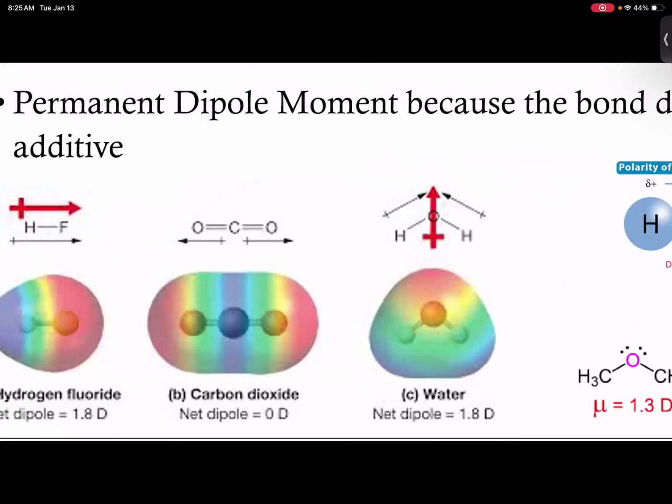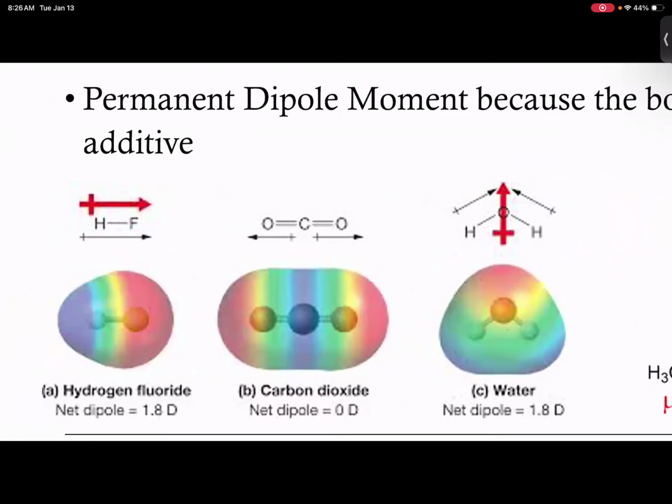So, if we go back to the discussion of polarity in College Chemistry 1, and we look at the molecule HF. HF is a polar molecule because hydrogen has an electronegativity that is less than fluorine's electronegativity.